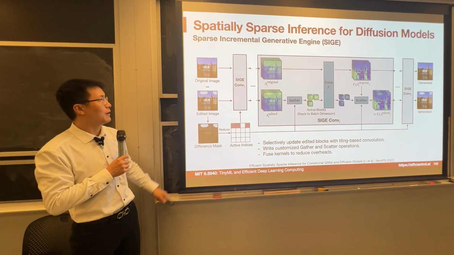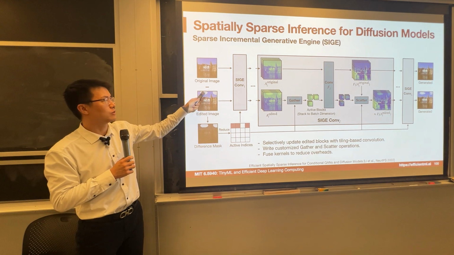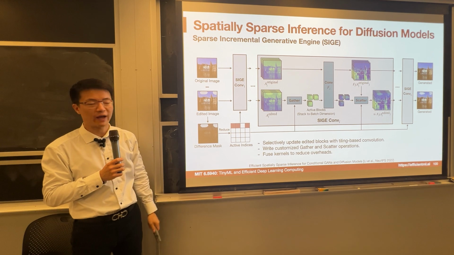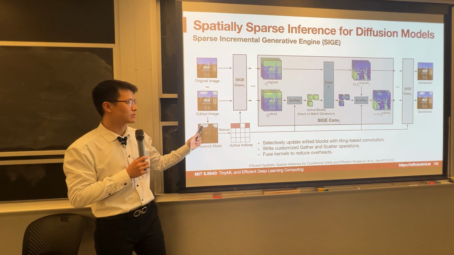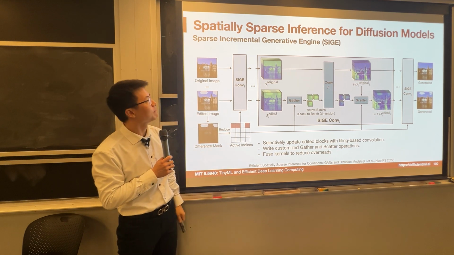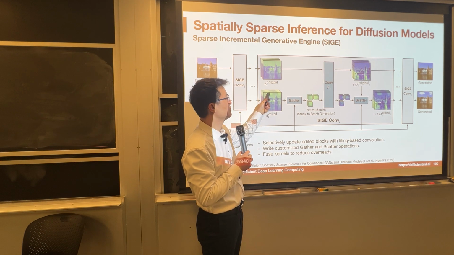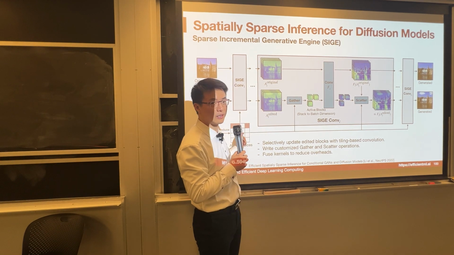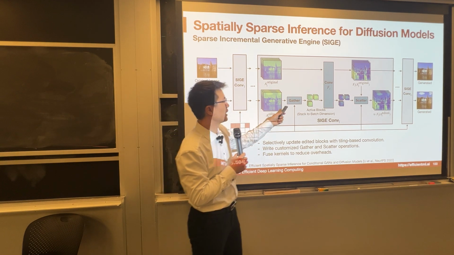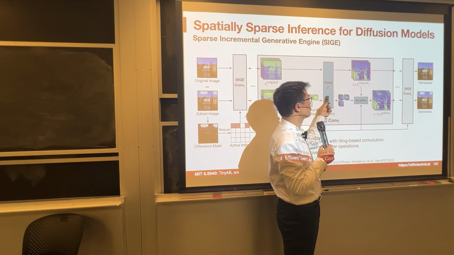So this is how it was done. Like the original image, this is where it gets edited. We added the cloud here. We do a subtraction and get a difference mask. The difference mask is sparse. These are only the places that get edited. And this is the original feature map. This is the edited feature map. We gather the changes here, and then we pass only the difference through the convolution.